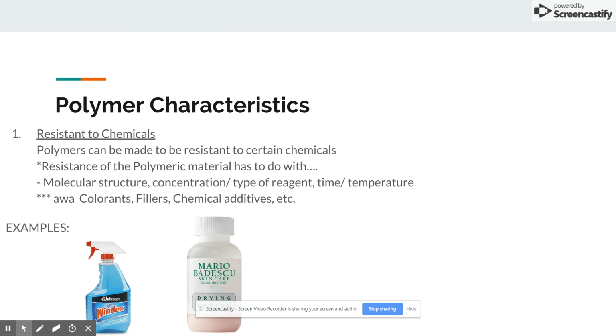An example of this is Windex bottles and other products that use chemicals that can possibly be dangerous to us, which is why the label on the back of our products tells us to store them at certain room temperatures so that the plastic can be resistant to them.